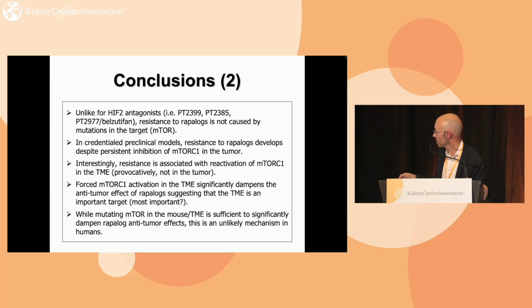confer resistance. So I've shown you before with HIF2 alpha that these preclinical models are credentialed. We were able to predict the HIF2 resistance mutations, and we think based on what we've seen clinically that something similar may be happening in patients. I've emphasized that mTOR gets reactivated in tumor microenvironment, and that forced mTOR activation in the mouse is sufficient to markedly dampen the effect of rapalogs on tumor cells.